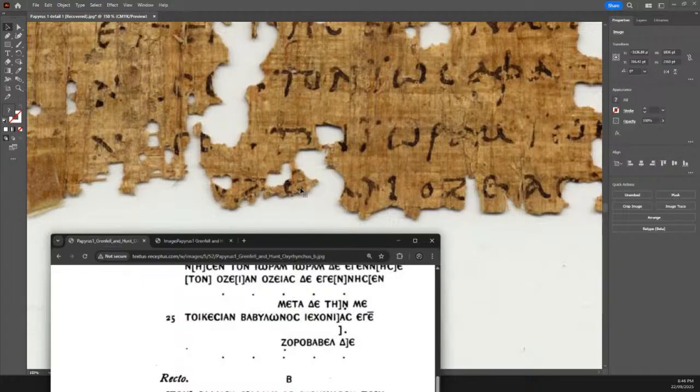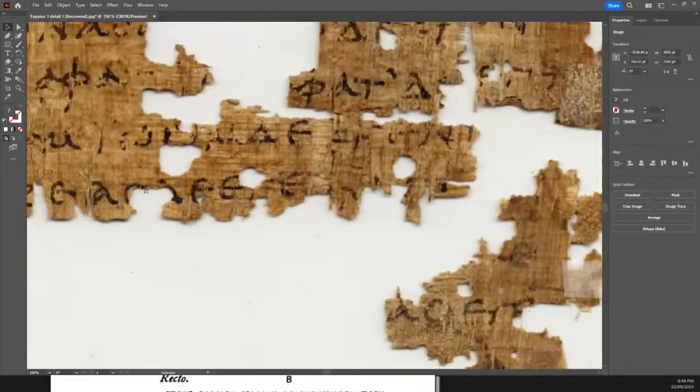Oz, and then an alpha and a nu, Ozean, and it has Ozias, so Ozias, and then there again Agenesen. So we see that there and then again Nesen, and it's very corroded, very corrupted there.